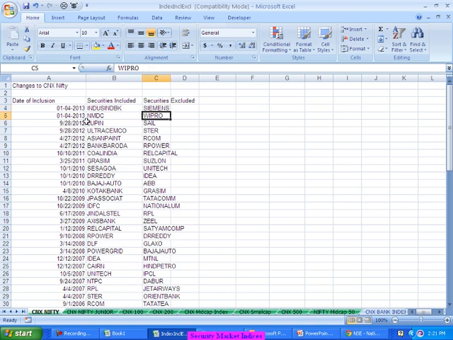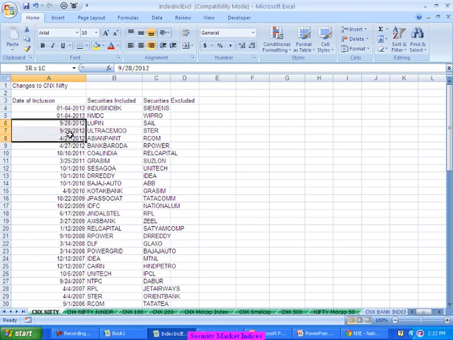They have removed Wipro. They have included NMDC. Similarly, last year, though they meet every quarter, the major changes come every 6 months. So there is a possibility that you can expect one more in October. In October, you may see one or two companies move out and one or two companies come into the inclusion of the Sensex.